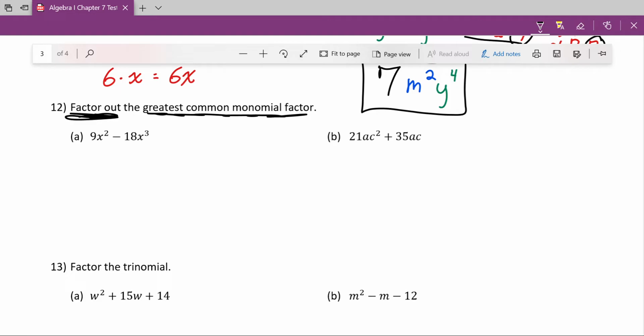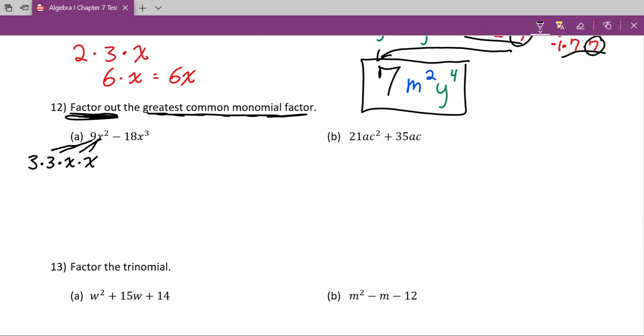So I'm going to go ahead and break down 9x squared minus 18x to the third. I'm going to say 9 can break down to 3 times 3, and x squared breaks down to x times x. So notice that the 9 broke down right here, and the x squared broke down right there. And then I'm going to say 18.